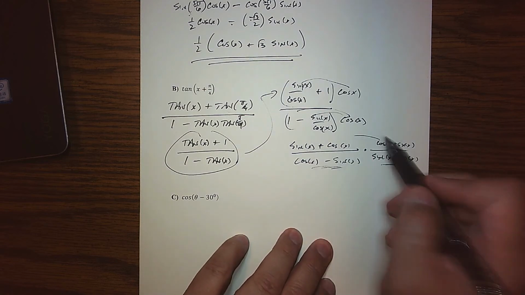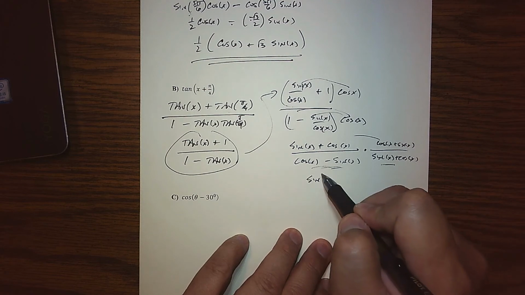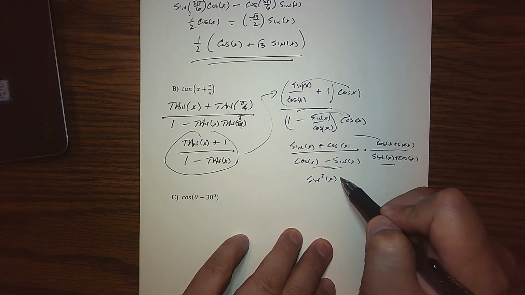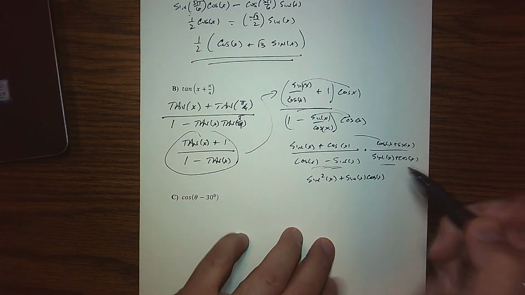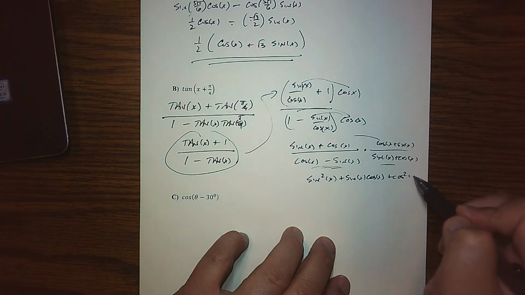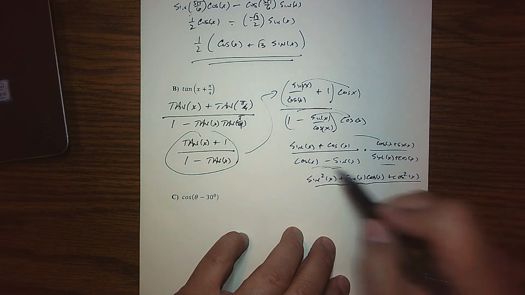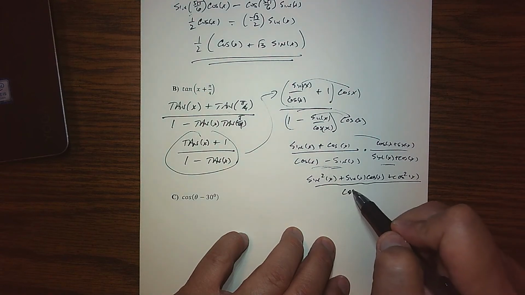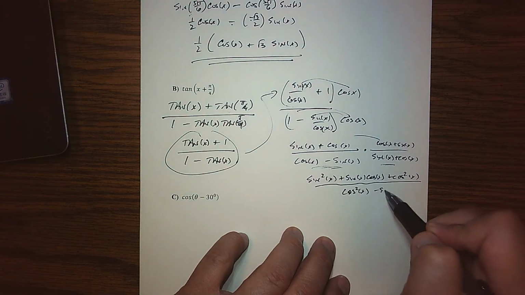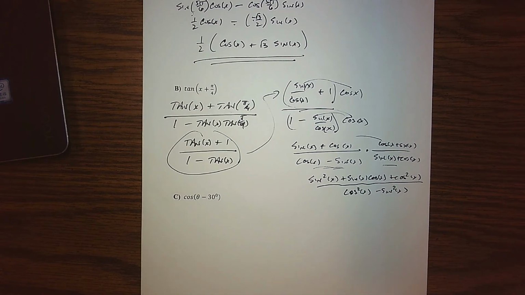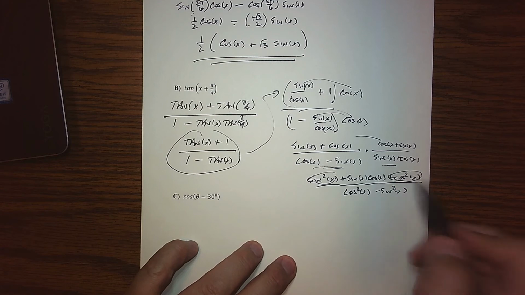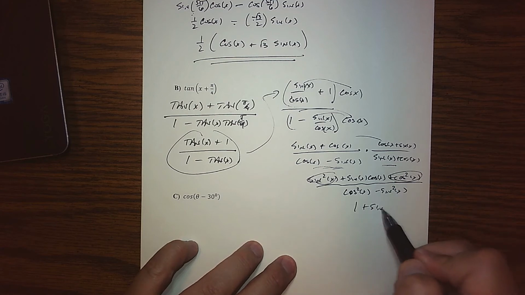If we distribute up here, we end up with sine squared x plus sine x cosine x plus cosine squared x. And this is all over cosine squared x minus sine squared x. At this stage I know that sine squared plus cosine squared is 1, so we've got that.